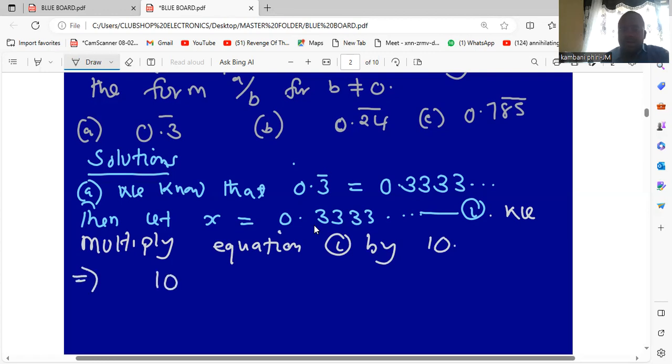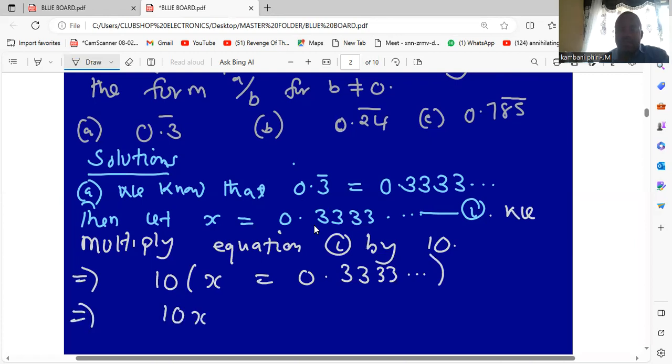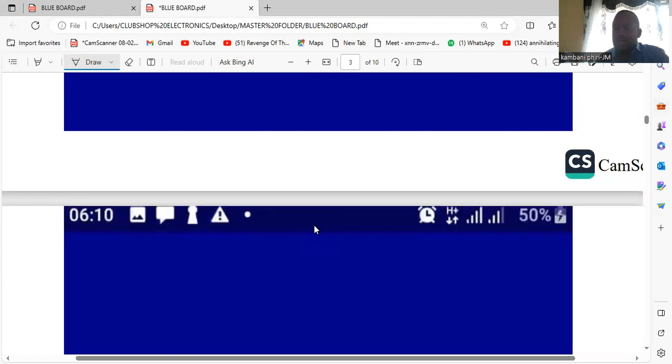We have 10 open bracket x is equal to 0.3333 with these dots up to infinity, all right, or infinite. Okay, so upon distributing the 10, we have 10x is equal to 3.333. And we call this now equation 2.